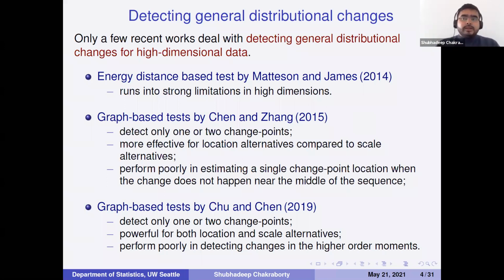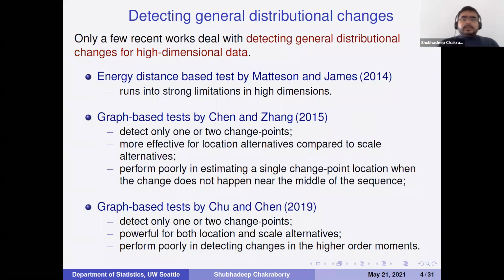And we develop a non-parametric methodology to detect an unknown number of change points. And once we estimate a candidate change point location, we test for the significance of the estimated change point location. So that's the broad goal of the talk that I'll be talking about today.